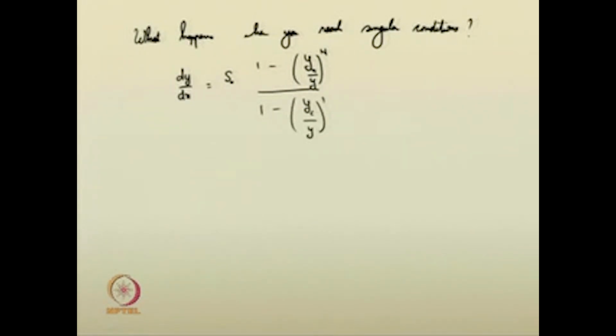What happens when you reach singular conditions? Anyhow, I am not going to explain in detail various singular conditions, just for your benefit. That is dy by dx is equal to S0 into (1 minus (yn by y) to the power of n) by (1 minus (yc by y) to the power of m).